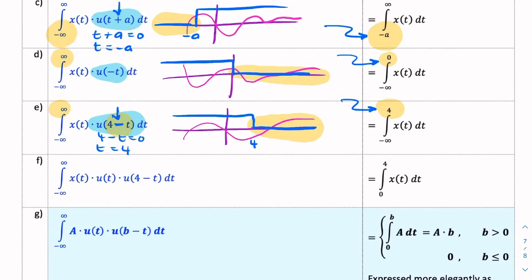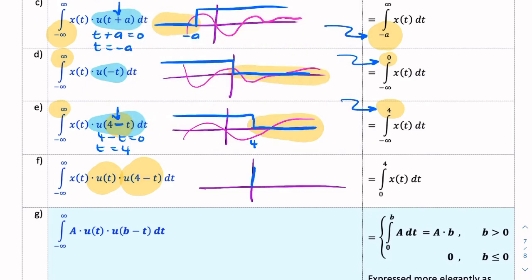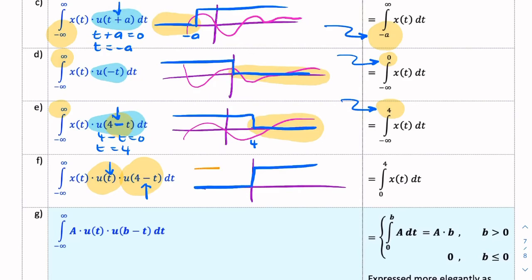The next example is similar, but now we have 2 unit steps. Our first unit step is at 0, so that's nice and easy. My next unit step is the same as the one we just drew. It's at 4 minus t. So let me draw that in orange. That extends until t equals 4.